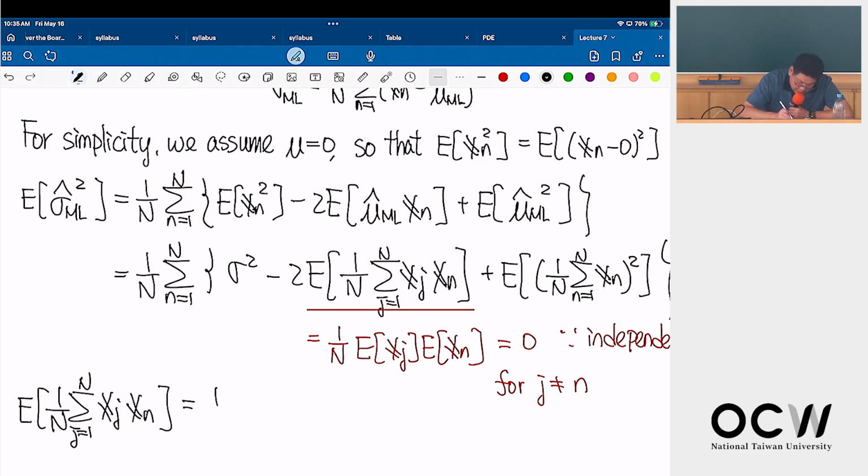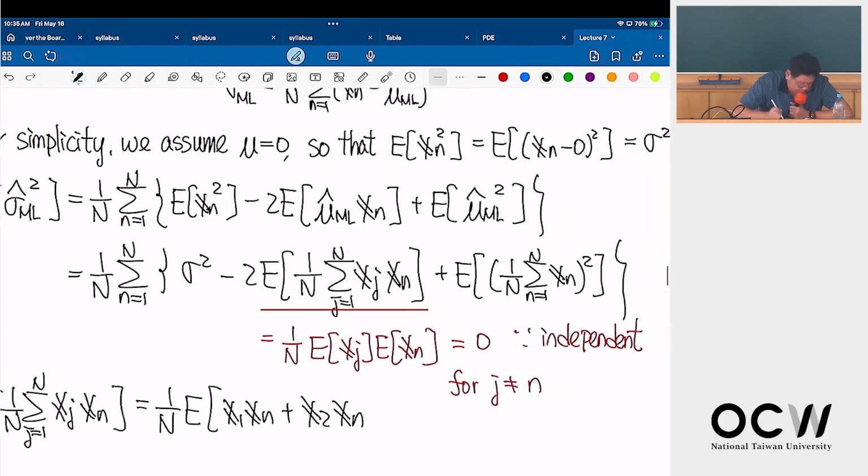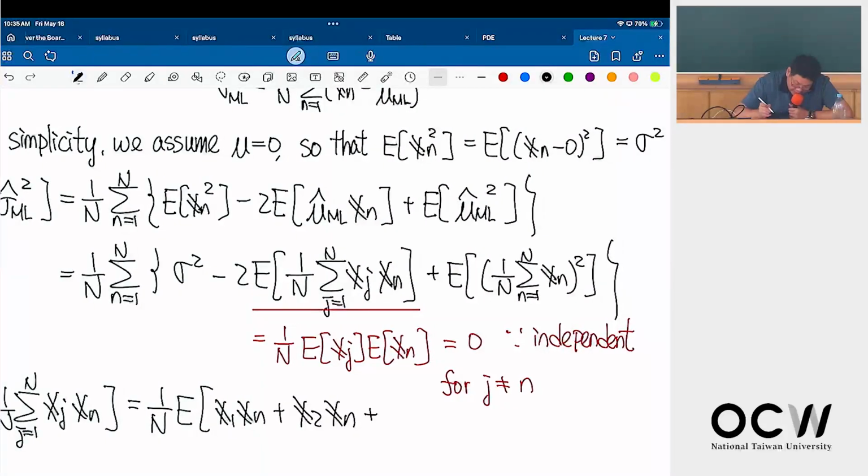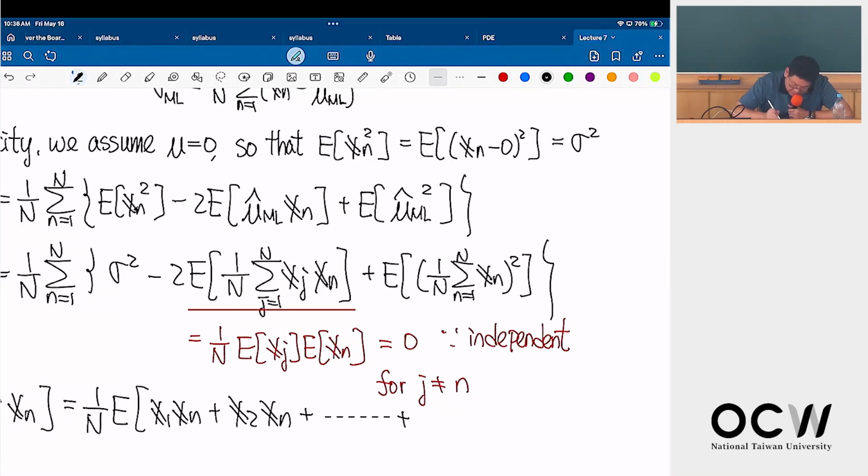So there'll be 1 over N expectation of x1 xn plus x2 xn plus x3 xn and also x4 xn, finally to x capital N times xn.